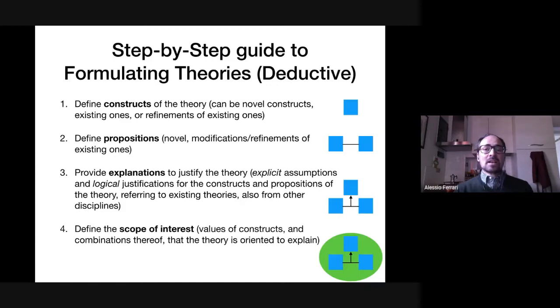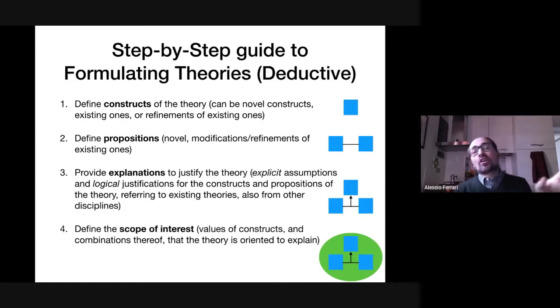First of all, we need to define the constructs of the theory. Which are the building blocks? These can be novel constructs or existing ones, so taking from existing theories that I want to take as a reference, or they can be refinements of existing ones.